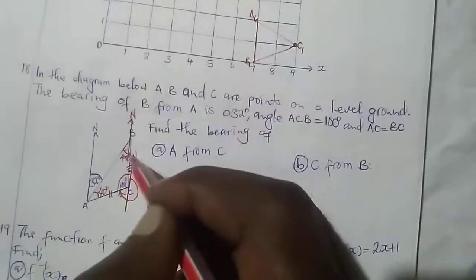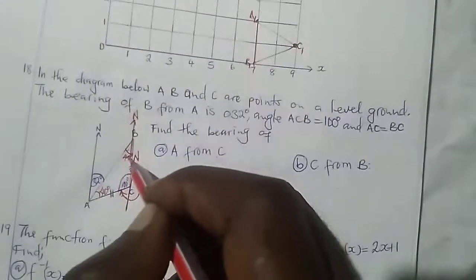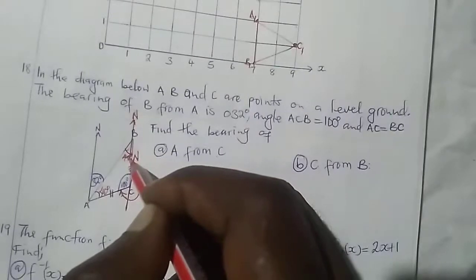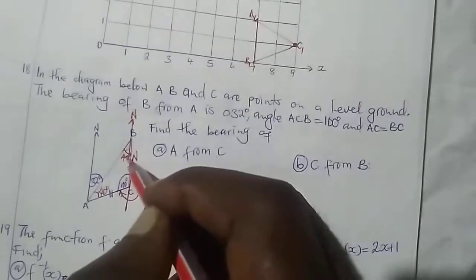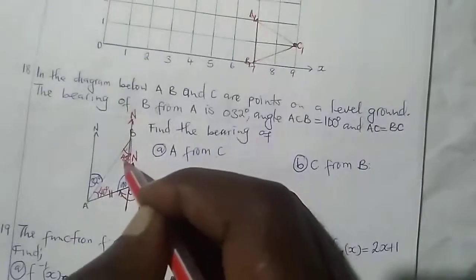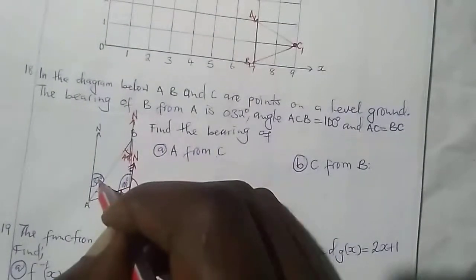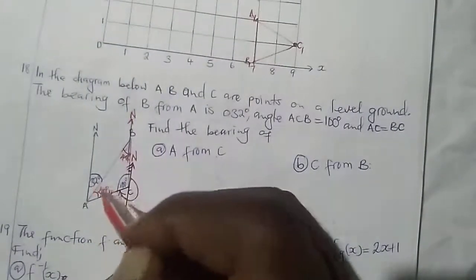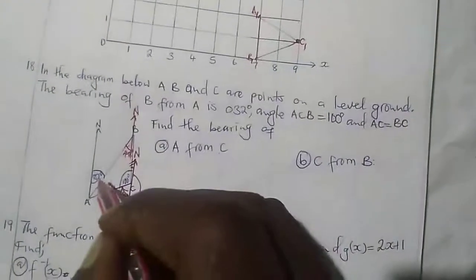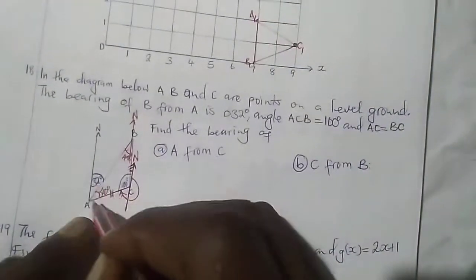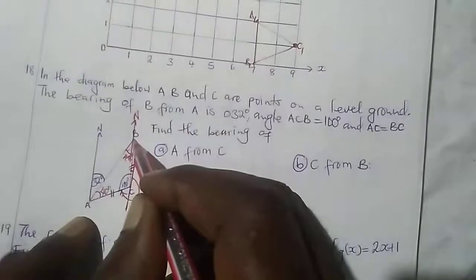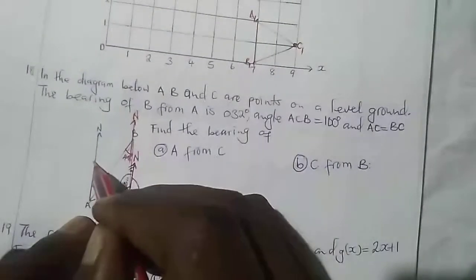The value of this angle is the difference of 40 degrees and 32 degrees. Let me come again. This is 32 degrees, and this is a transversal line that is crossing this north line and this north line.